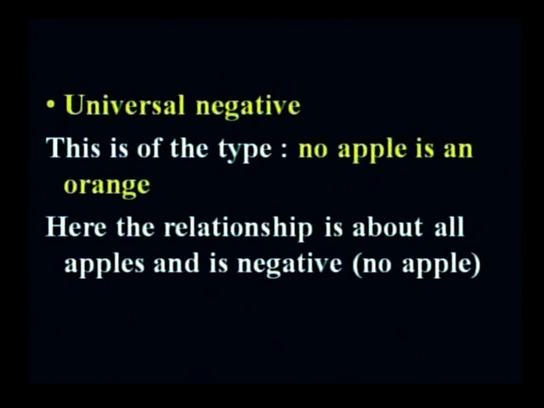Here you are discussing all the apples: no apple means all the apples we are discussing, and it is not an orange. Since we are speaking about a negative relationship, no apple, this is known as a universal negative.